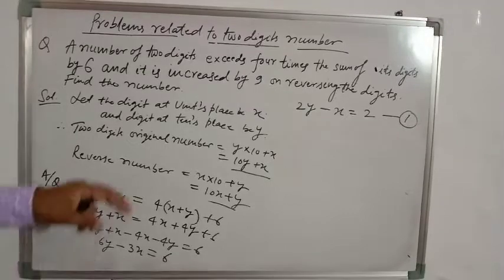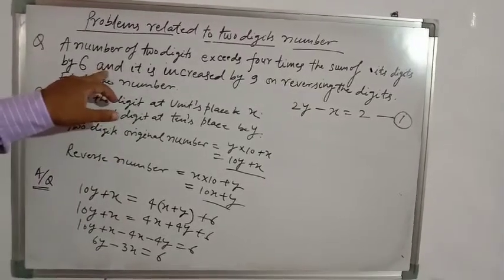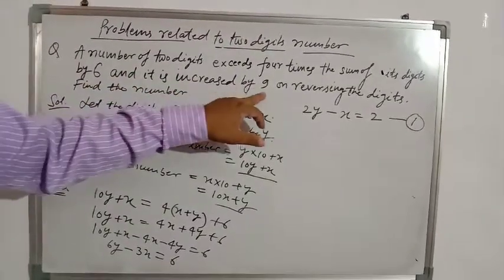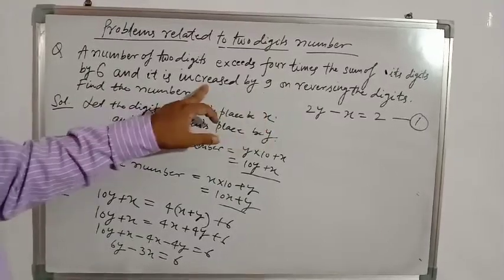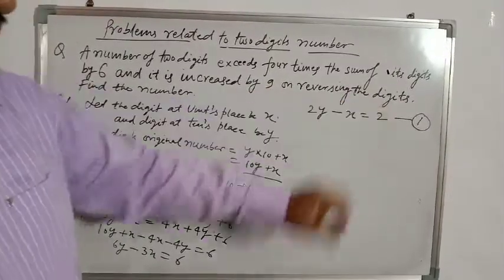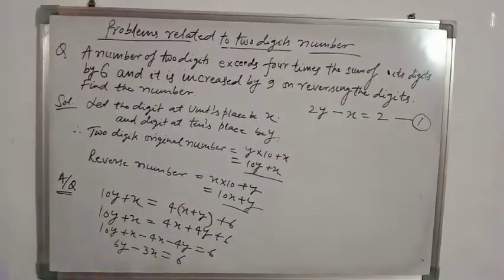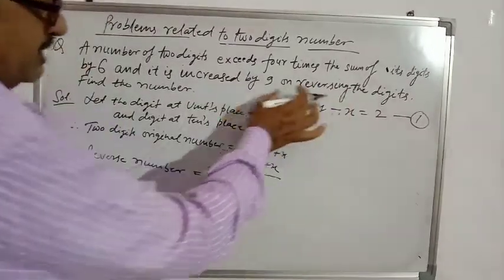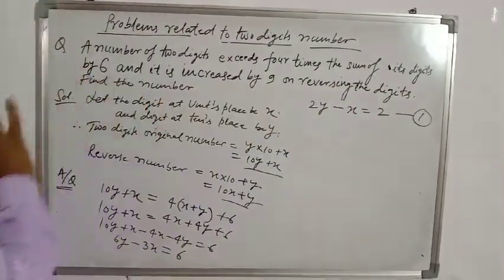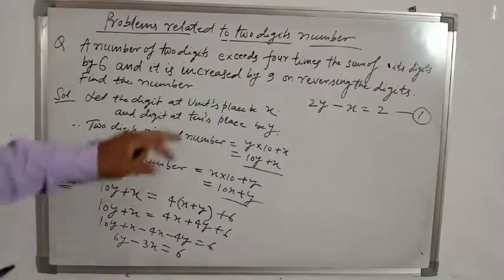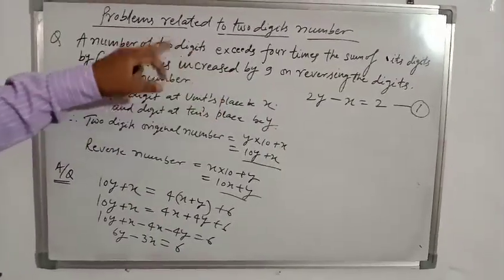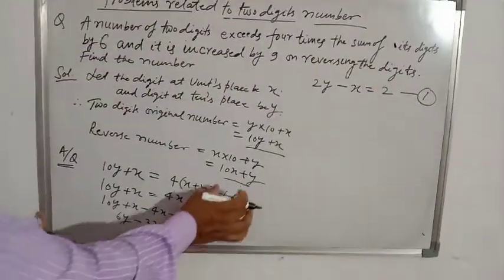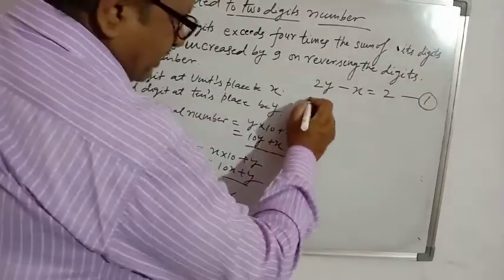Similarly, we will make another equation from the second statement, where it is increased by 9 on reversing the digits, meaning the reverse number. So the reverse number is 9 more than the original number. This is the meaning. What is the reverse number? 10x plus y.